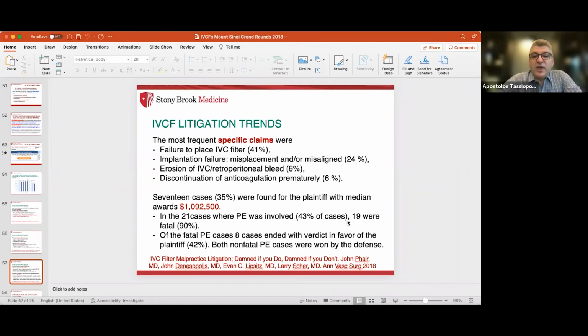In 21 cases where PE was involved, representing 43% of the cases, 19% were fatal, and of the fatal cases, 8 ended with a verdict in favor of the plaintiff.